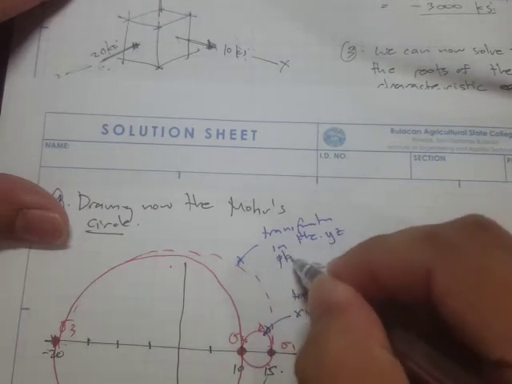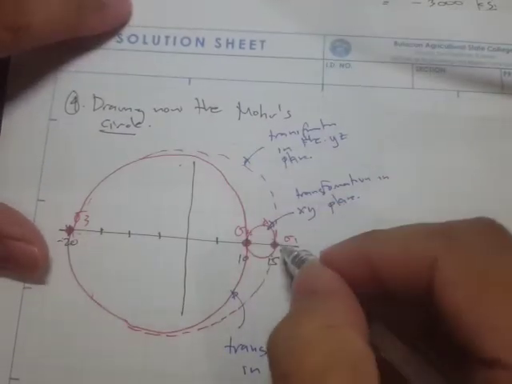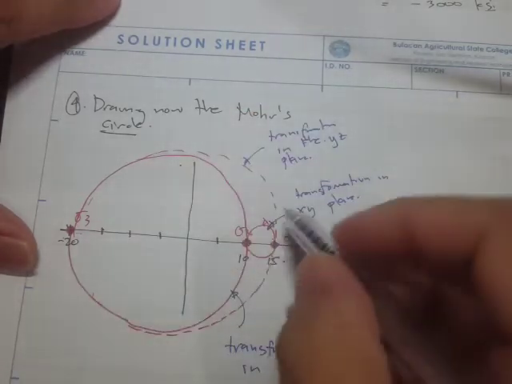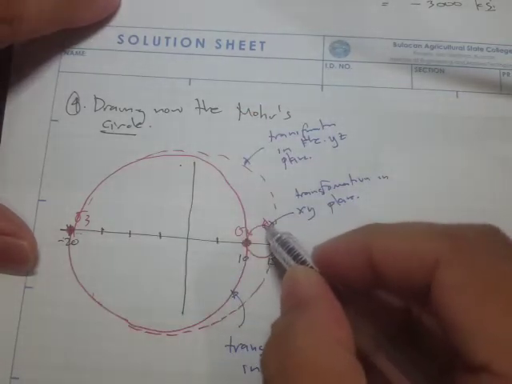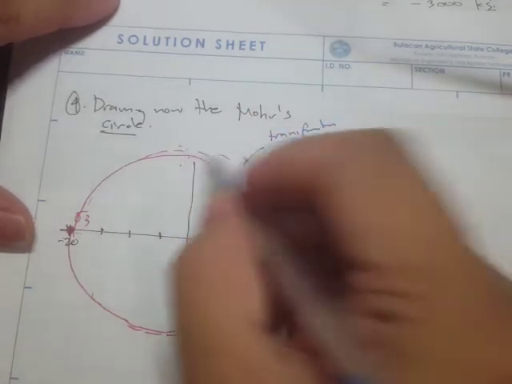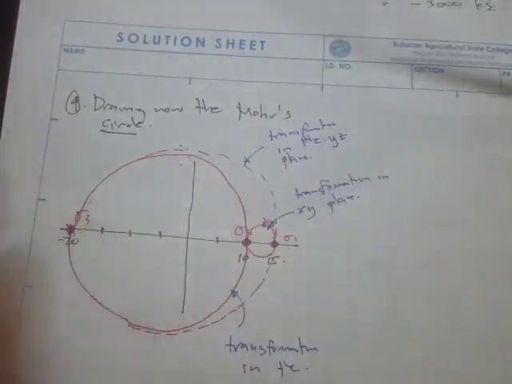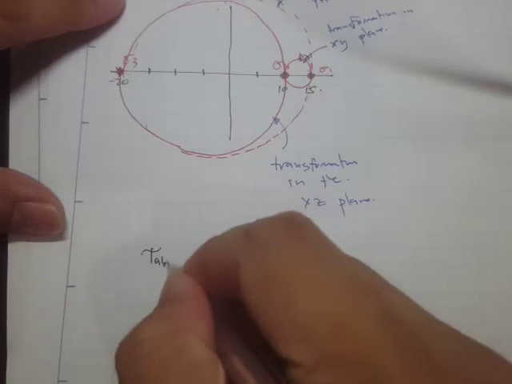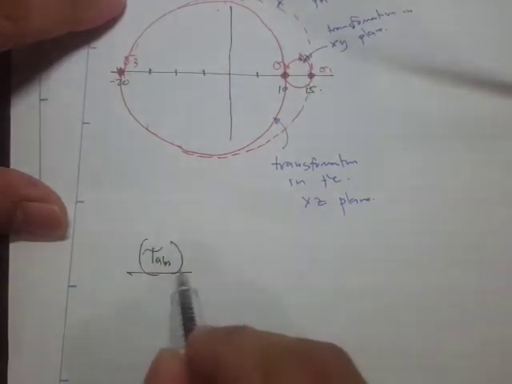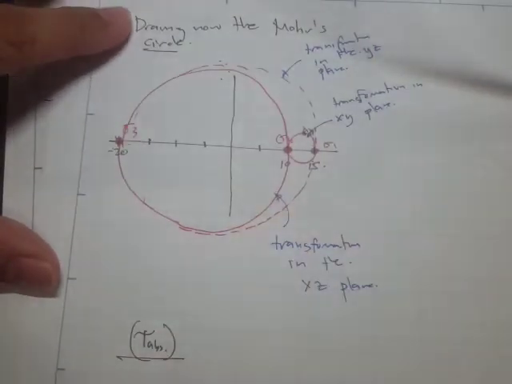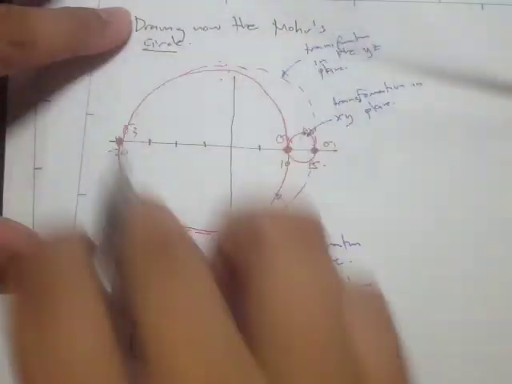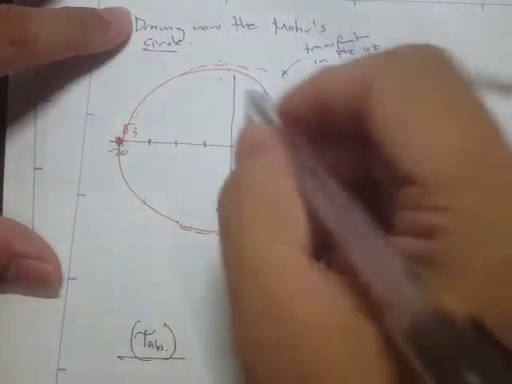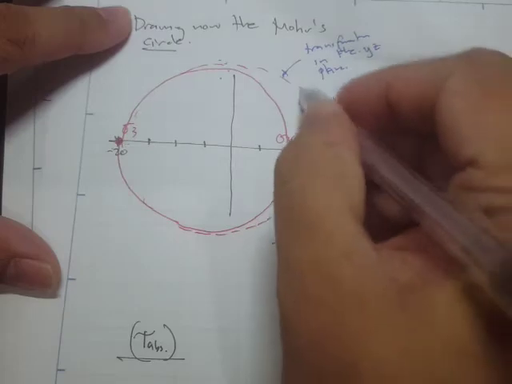YZ plane. Right here we can actually obtain the maximum shear in this plane and in this plane, but the absolute maximum shear, we denote that shear absolute because that corresponds to the radius of the maximum circle, and the maximum circle is this.